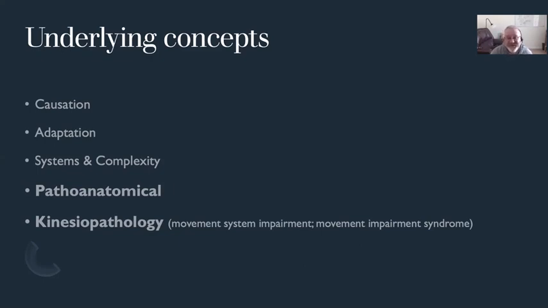Kinesiopathology are movement system impairments or movement impairment syndromes. There are probably a dozen other names for the fact that someone isn't moving the way they would move. So the reason posture is a big issue is because if someone is in the wrong posture, then they are starting all movements from the wrong starting position.